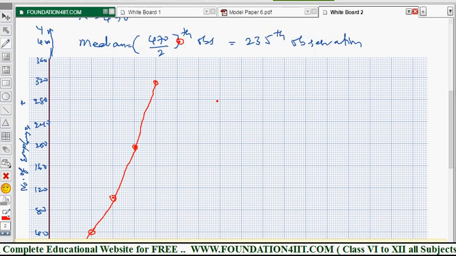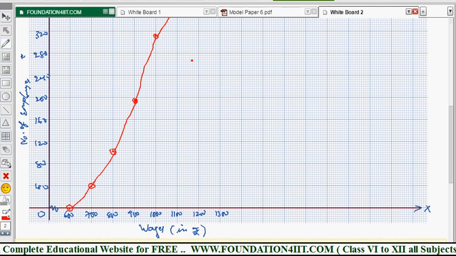We can take the graph paper larger, you can make it bigger. In this paper I am not doing the last two. If you observe, this is the 235th observation, right? From this 235 you should draw a straight line. So 200, 240, it is somewhere from 235.